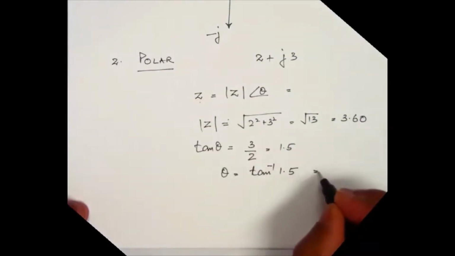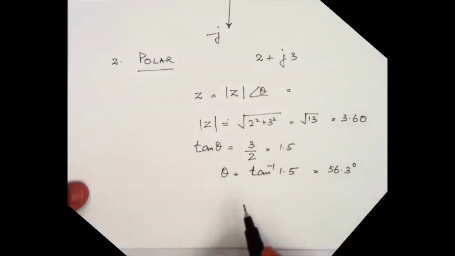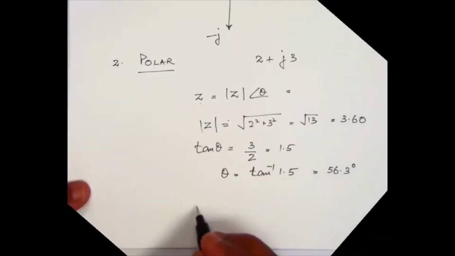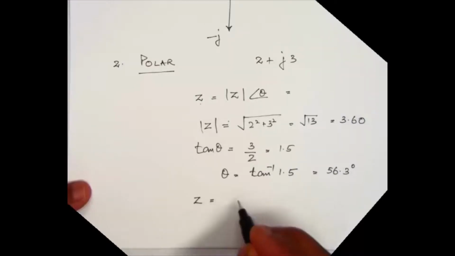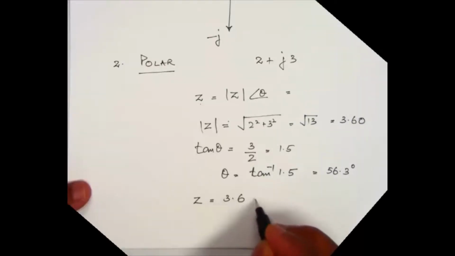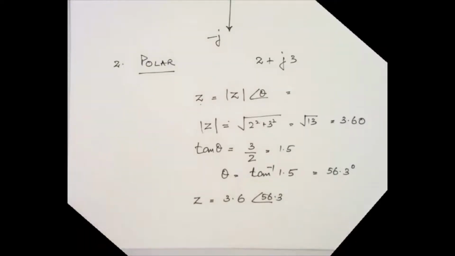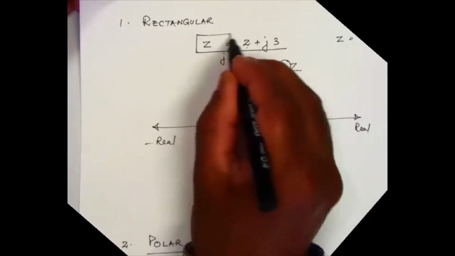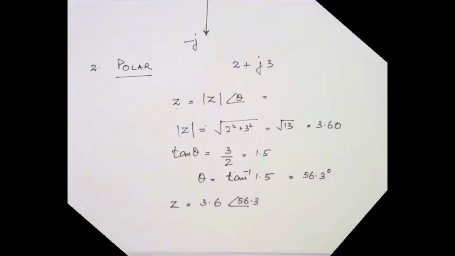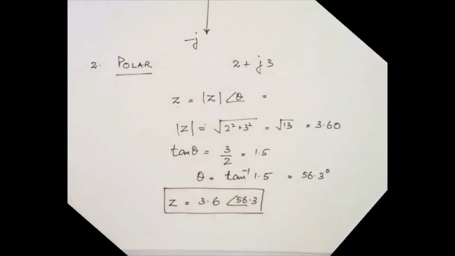So theta is equal to 56.3 degrees. So how we represent this same vector now in polar form is that z is equal to 3.6 angle 56.3. So this is the polar interpretation of this complex number. Now the same number we can interpret in a different way. That's the polar representation of the same complex number.